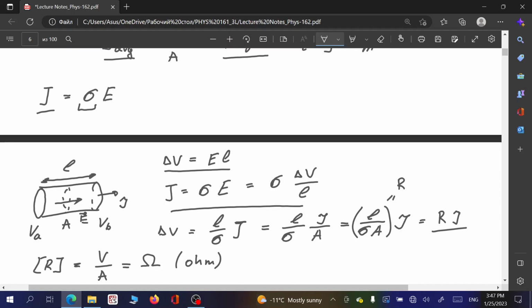So we introduced the concept of electric current, which is the rate of charge passing through a given area, and have shown that in general, electric current density, which is current divided by cross section of the conductor, will be defined by the concentration of charge carriers, the magnitude of electric charge of each charge carrier, and their drift velocity.